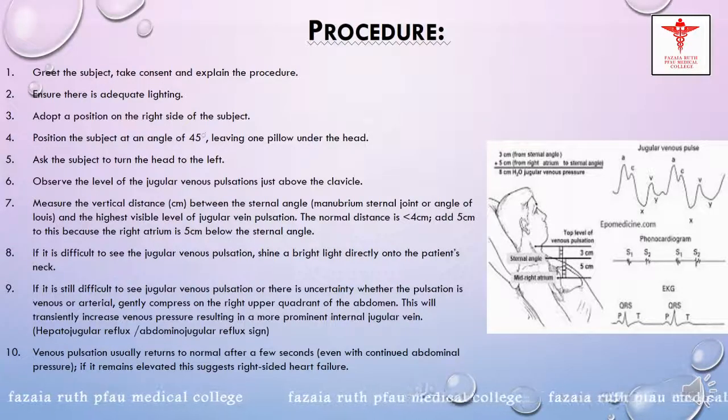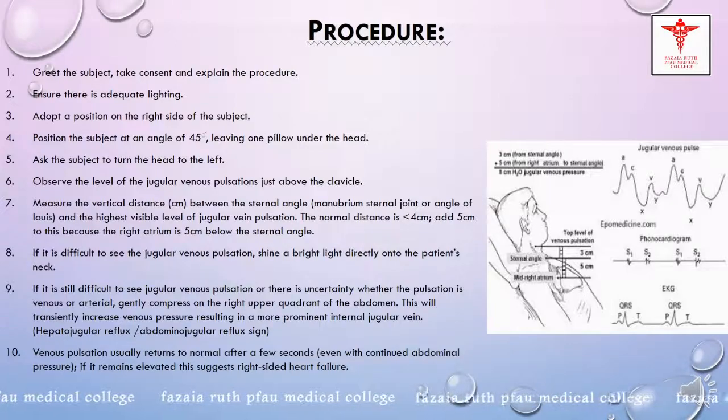The X descent is appearing because of the atrial relaxation. And then you see after A, there is a slight descent and then the C wave appears. Means the atria is slightly relaxing and then because of the tricuspid valve bulging and ventricular contraction, the C wave appears. All right.